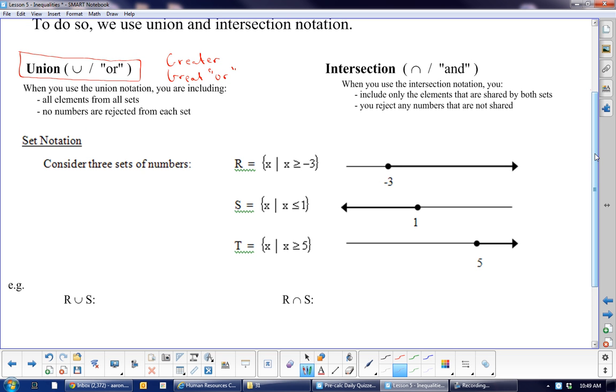And intersection is an upside down U, so kind of an N, but not really. And it means and. It's like, where do these share? Okay? At what points are shared?